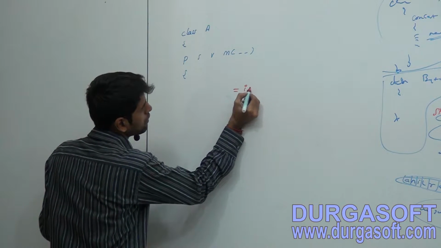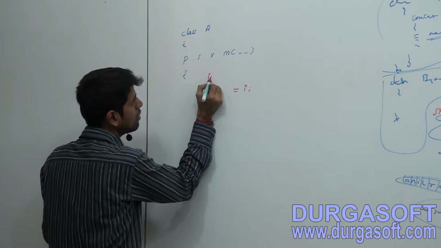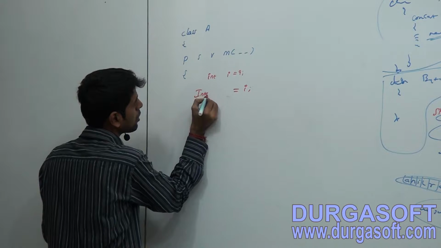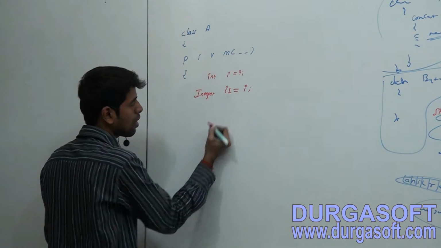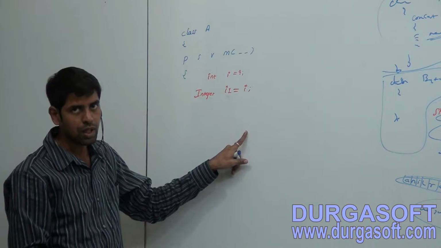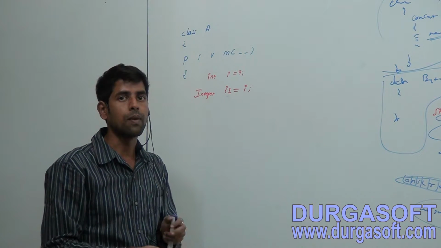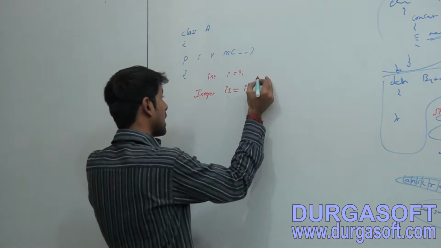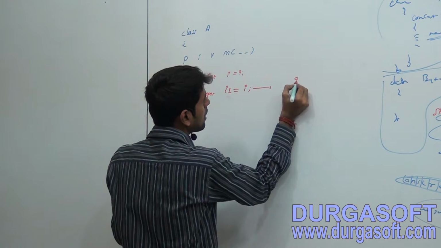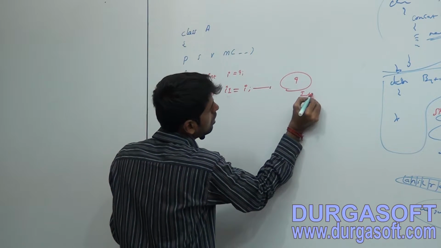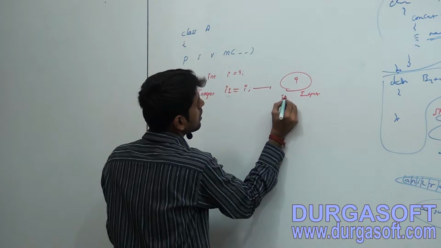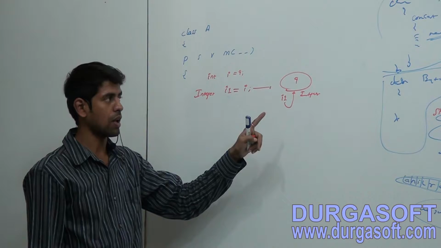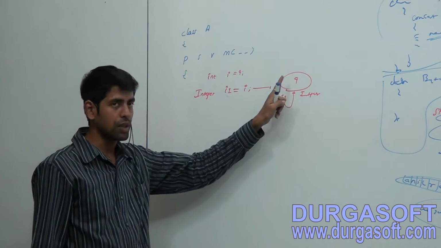It is the process of converting a primitive to the wrapper object, that is, wrapping a primitive data into an object. Observe here. Now what is happening because of this? I'm wrapping 9 within an object of type Integer, which is referred to by I1. This int value is wrapped within the object.